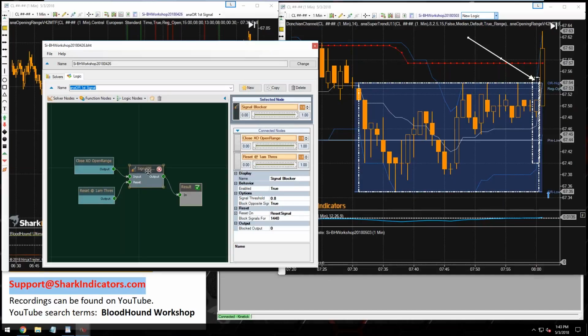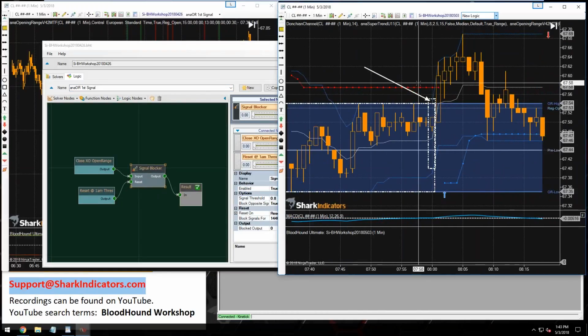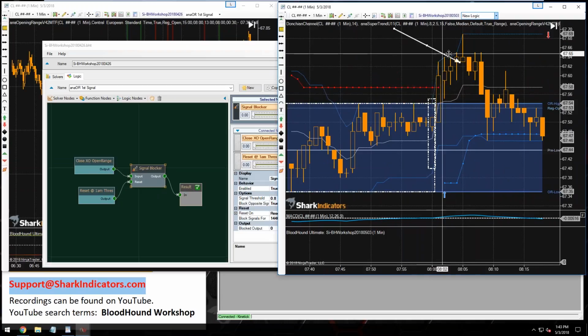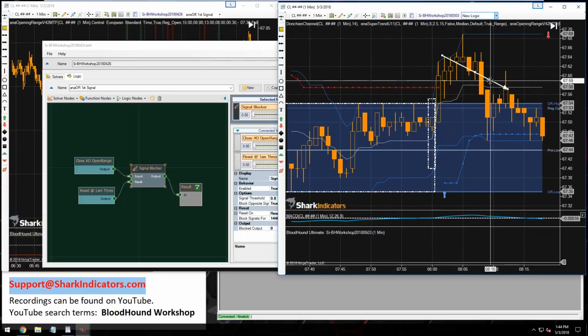What this signal blocker is doing is only allowing the first breakout signal to occur. Without it, you would get lots of breakout signals, because price breaks out, goes back into the range, and then breaks out again.